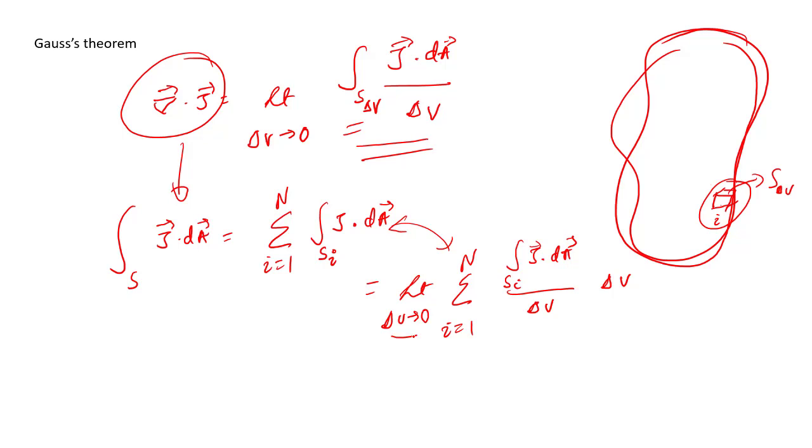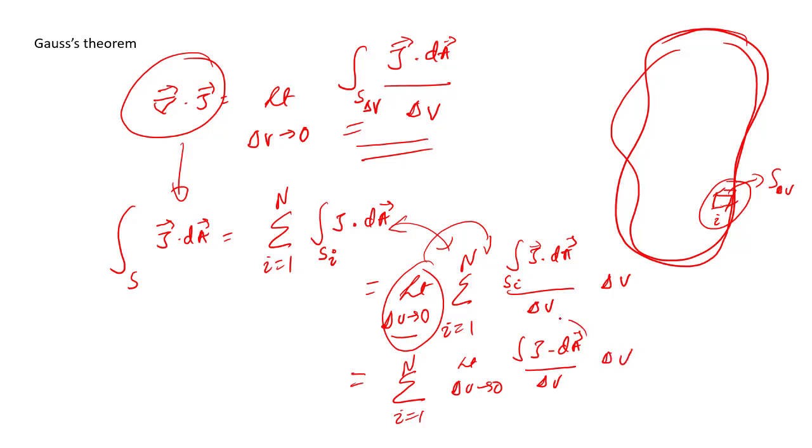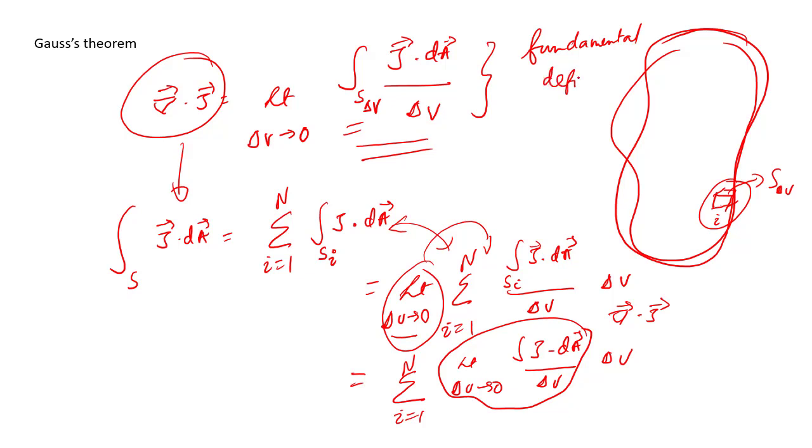So now by doing limit of delta V tends to 0, if I move this limit delta V there instead, I write it as sigma i equal to 1 to n, limit delta V tends to 0, J dot dA by delta V. This is a divergence of J. This is how we fundamentally define divergence.